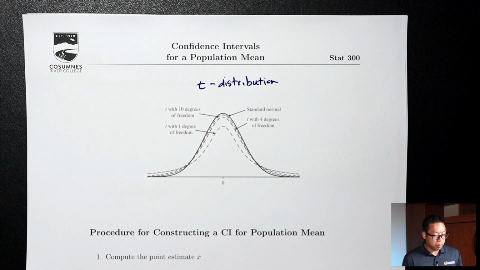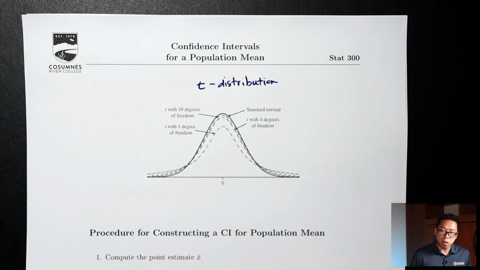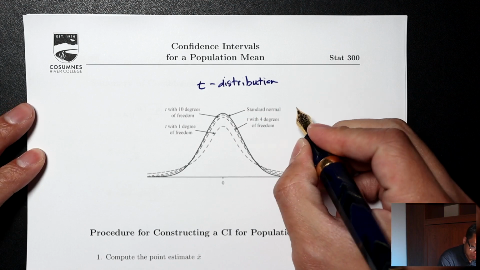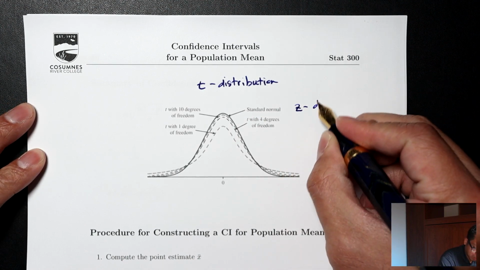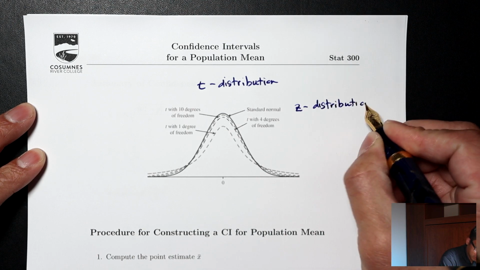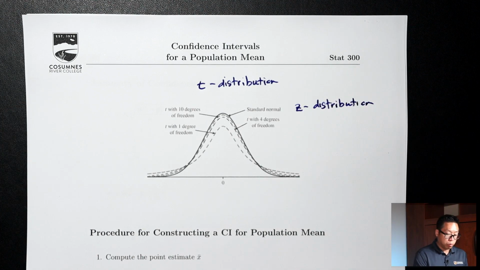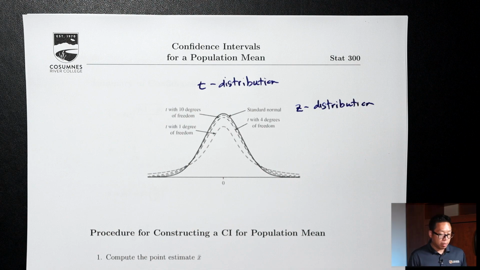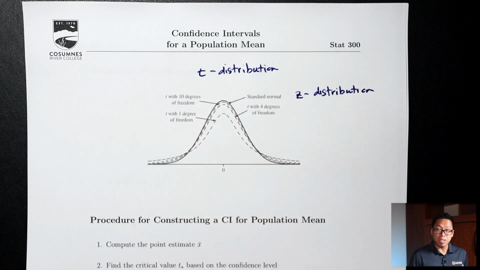The solid line here is the normal distribution picture that we've been talking about for the last couple of lectures. So I'm going to call the normal distribution picture the z-distribution. For the proportion situation, we drew the z-distribution picture. Now, the dotted lines are the t-distributions.